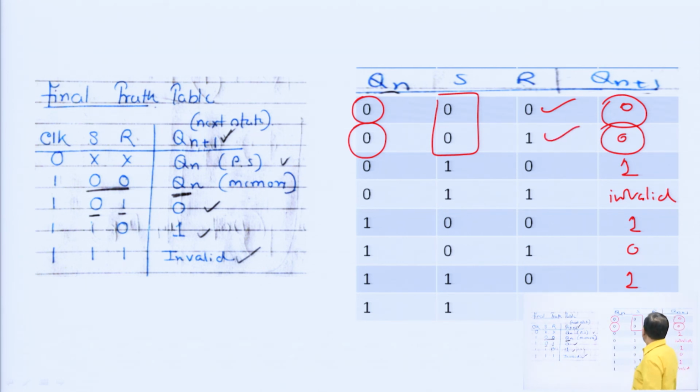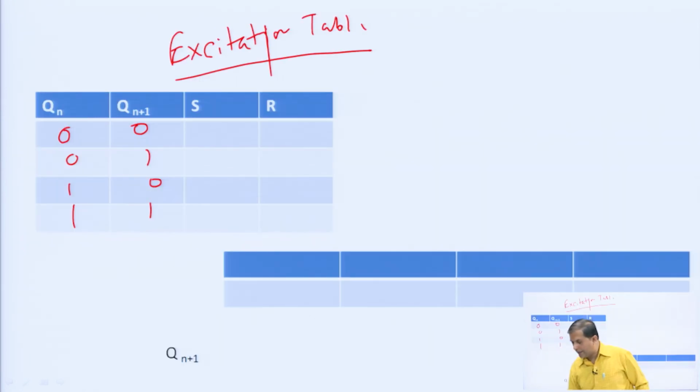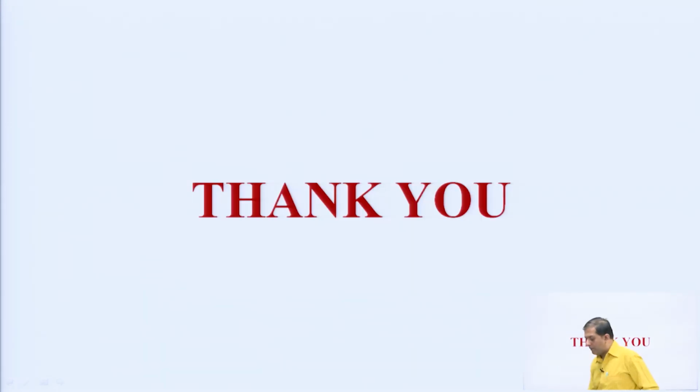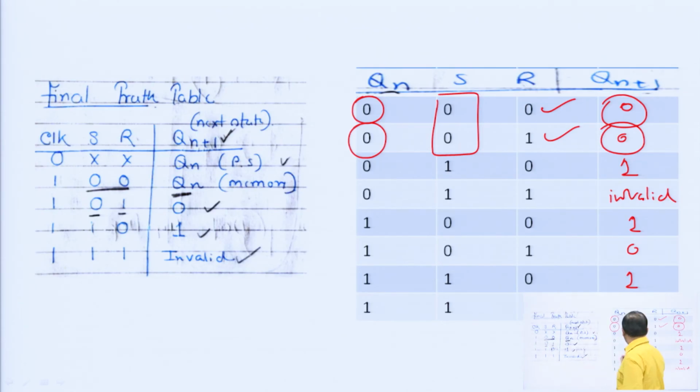So R is fluctuating while S is 0 in both cases. So we can write 0 cross, because one time R is equal to 0 and one time R is equal to 1.